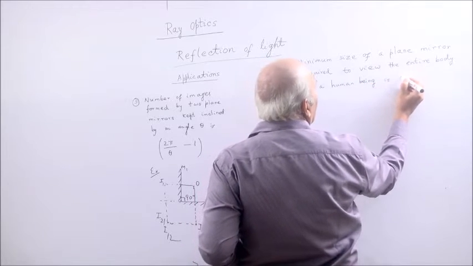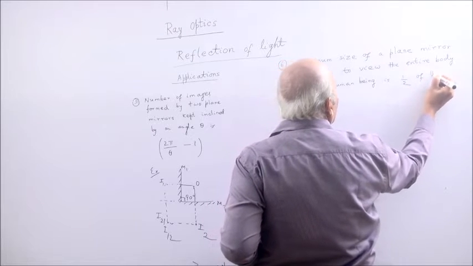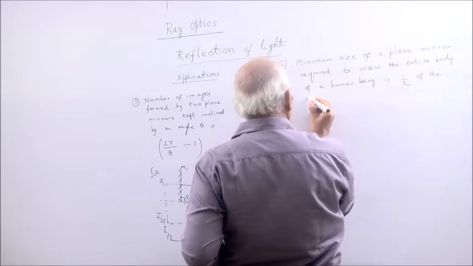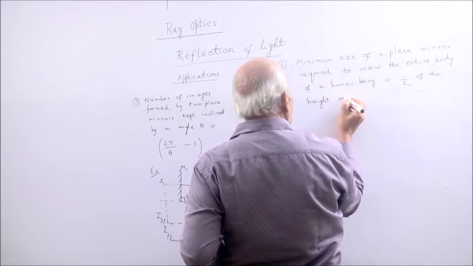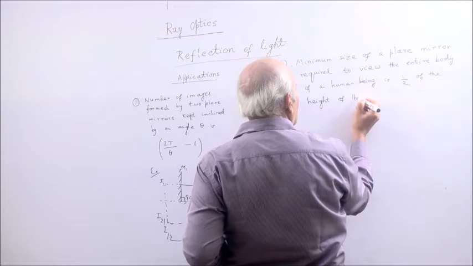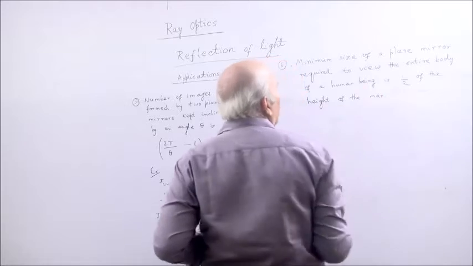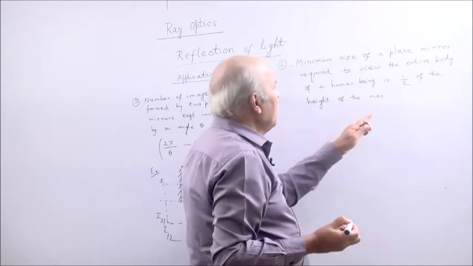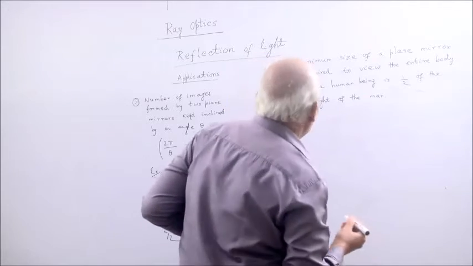Is 1/2 of the height of the man or woman. So, half of this is a ray diagram. So, from that it can be geometrically proved also.